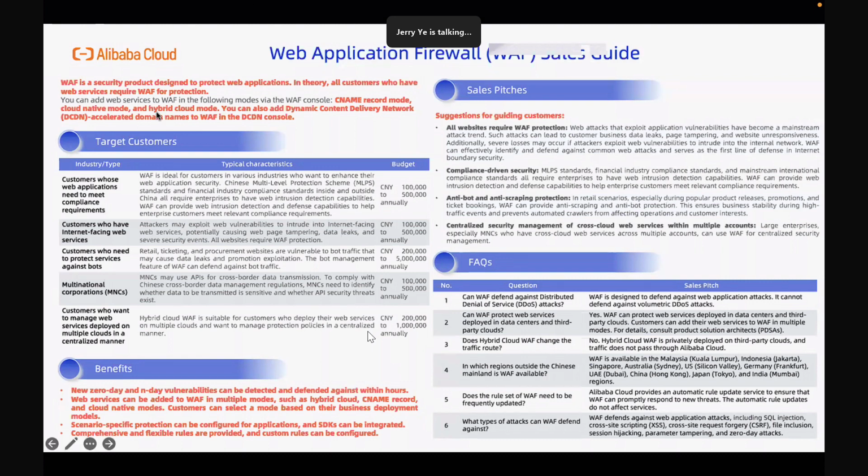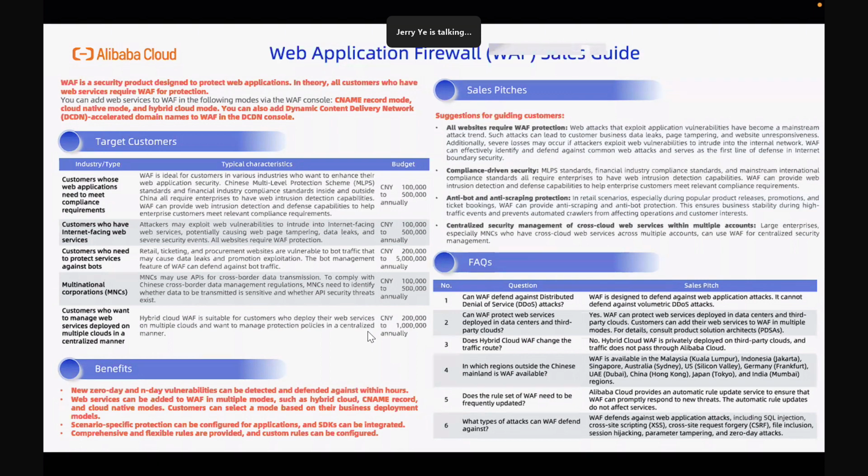The next one will be the hybrid cloud mode. In this case, you don't have to modify the DNS resolution to Alibaba Cloud, and the traffic will not pass through the on-cloud WAF. You can point the traffic directly back to your original site.